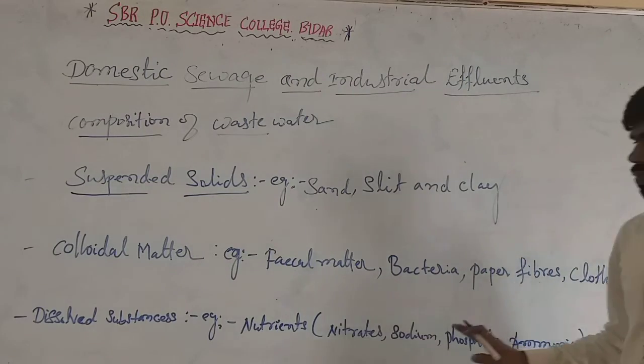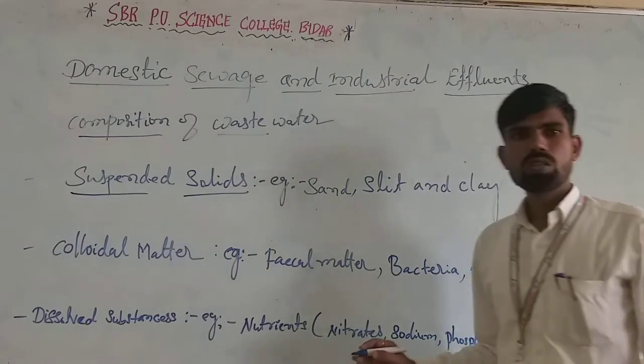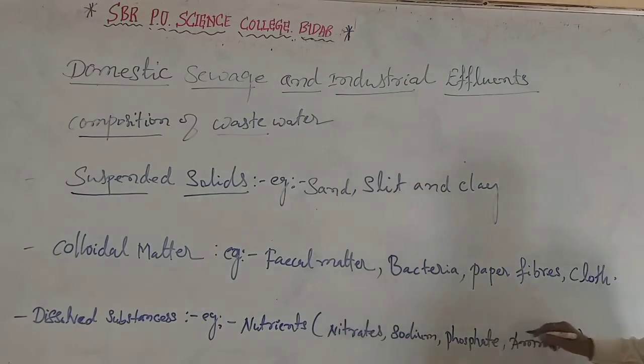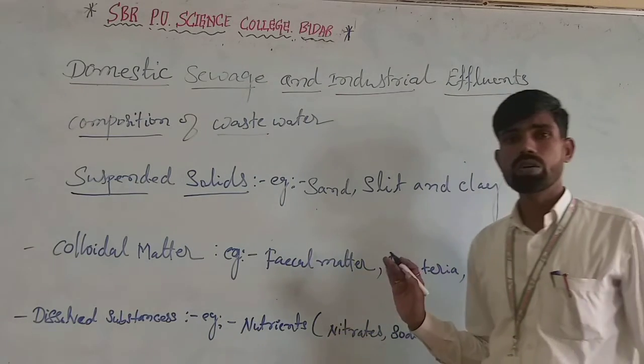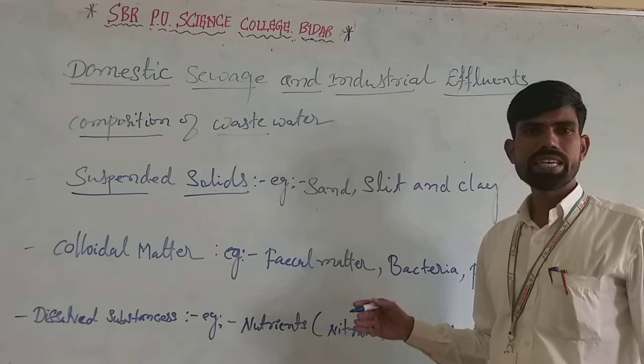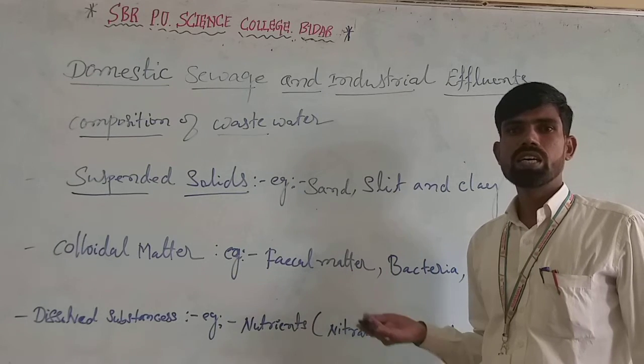Now the dissolved substances, what are they? They are the nutrients: nitrate, sodium, phosphate, ammonia. These are the nutrients present in the polluted water. When more nutrients are present, more aquatic plants grow in that water.